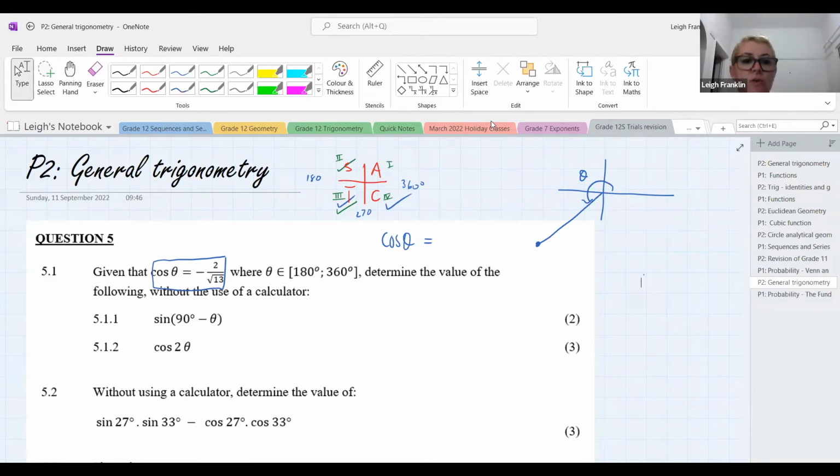Okay, so it's x over r, absolutely. So that means that we interpret cos theta as -2 over root 13. What are they telling us is the value of x?